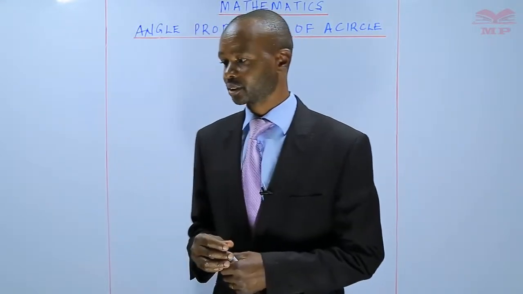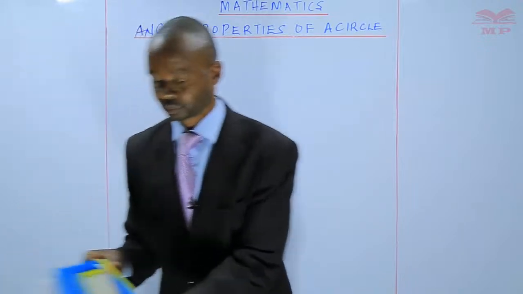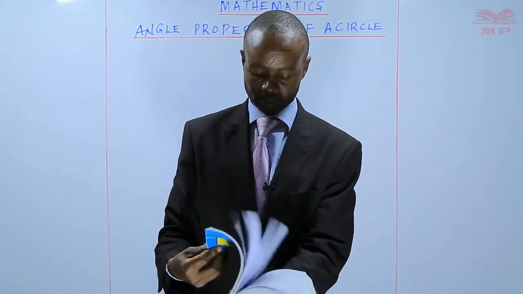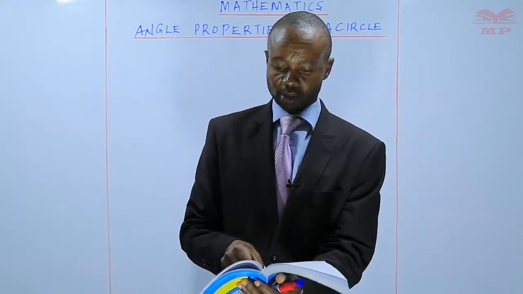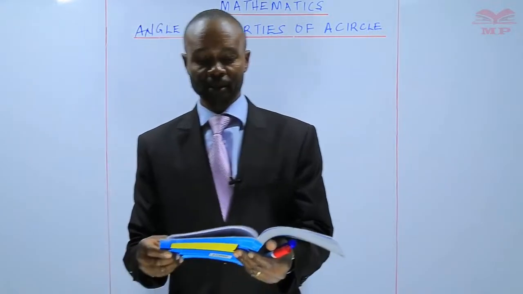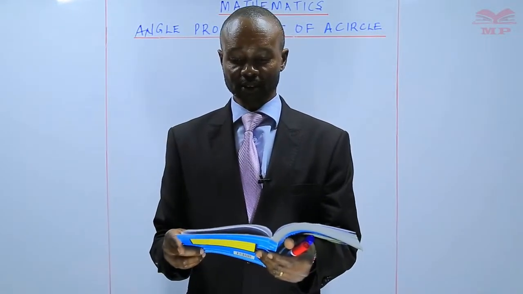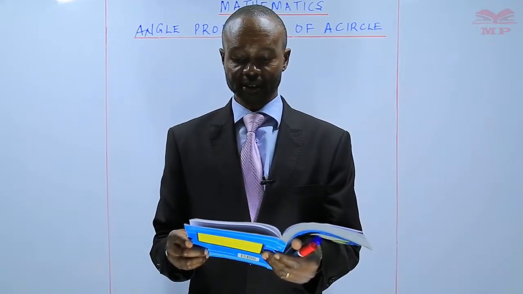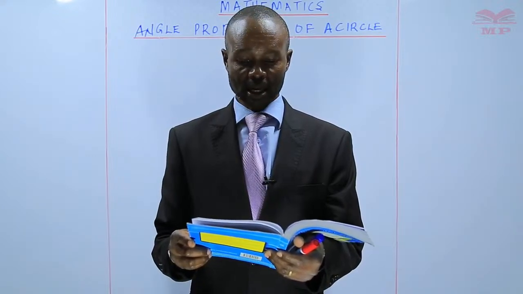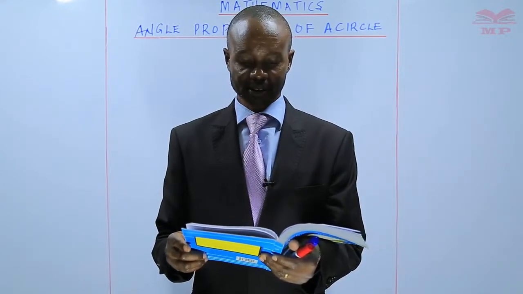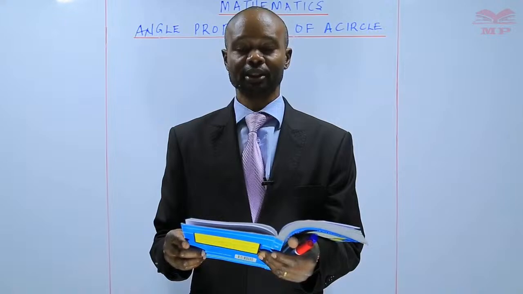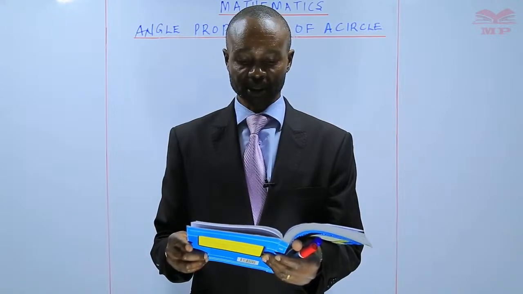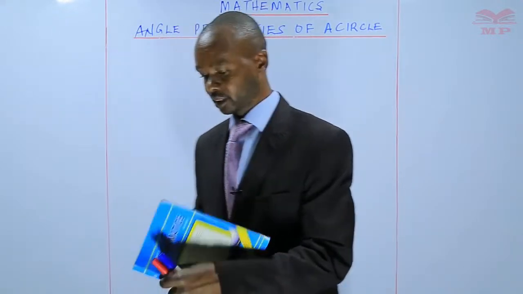I'll read the question. In the figure below, O is the center of the circle, LN and PM are diameters. Show that LM is parallel to PN. So I'll write the question on the board.